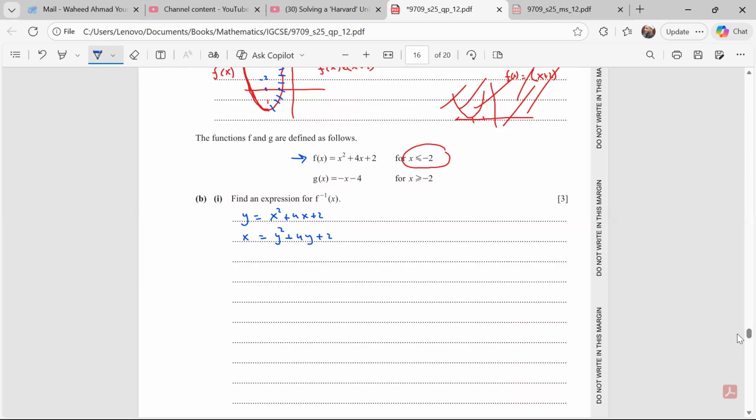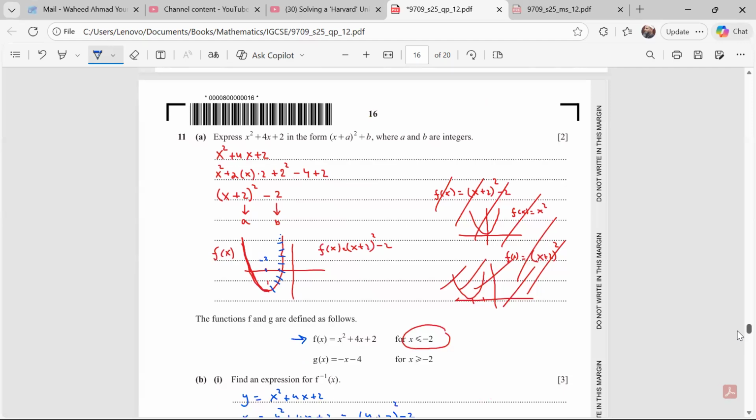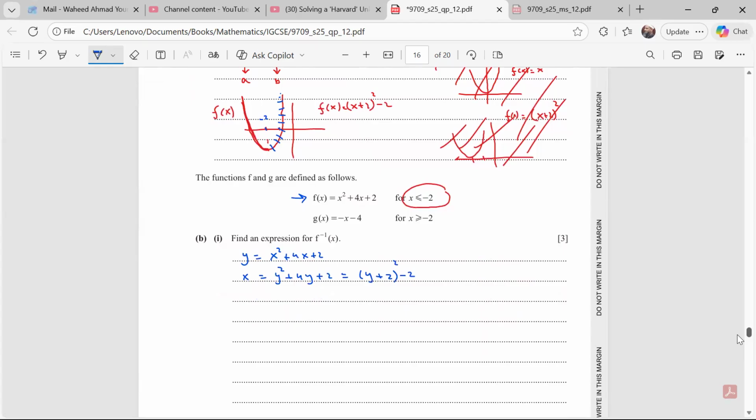You remember this expression on the right can be written as y plus 2 whole squared minus 2. We just did it before in part A. There it was x, but now I have to talk about y. So from here you can see that (y plus 2) squared is equal to x plus 2, right?